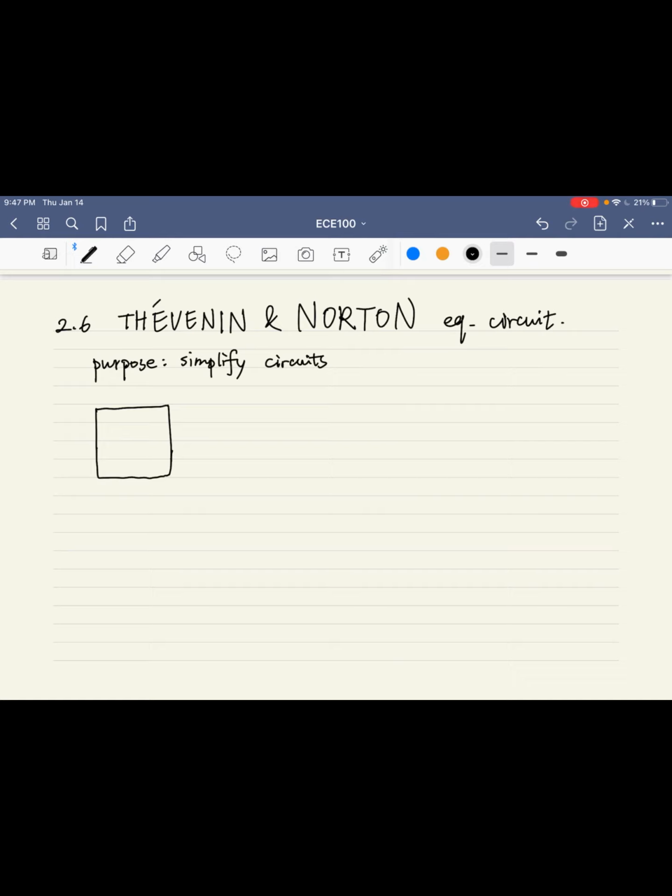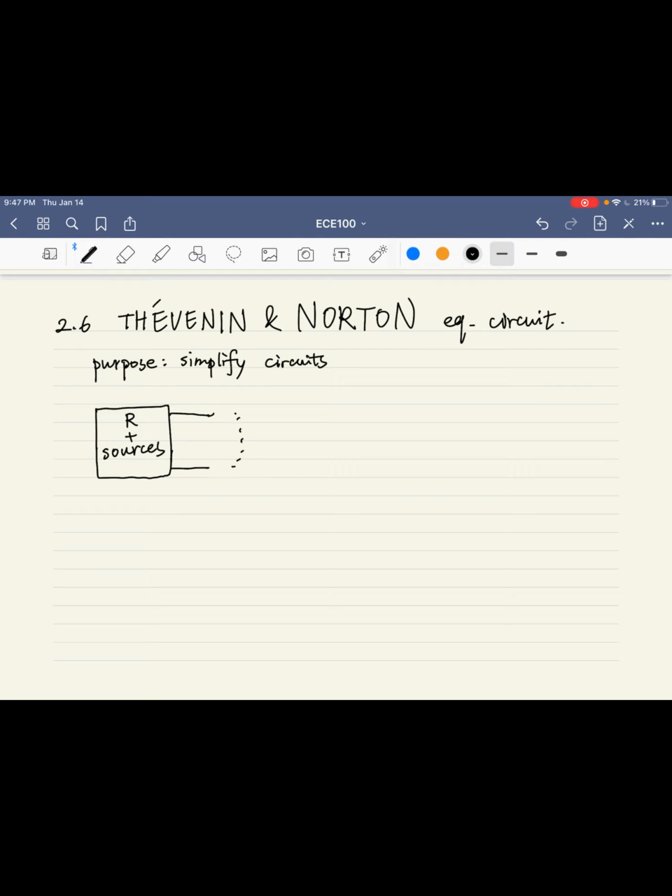To explain their functions using diagrams is simpler. It's much simpler. So imagine there is a black box consisting of resistances and sources, and maybe it is connected to something else. We don't know what it is.